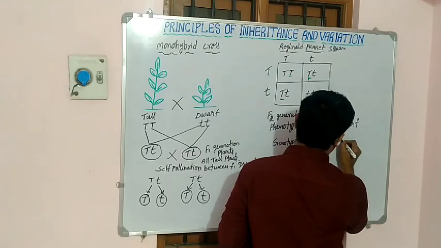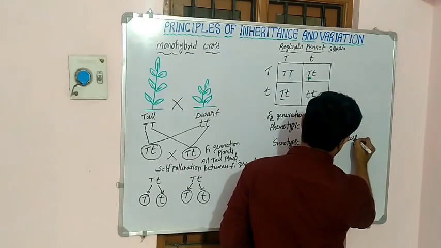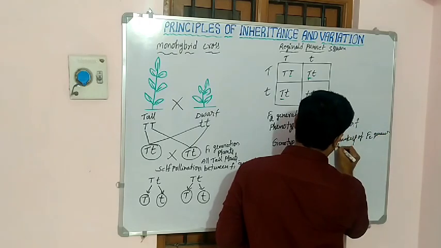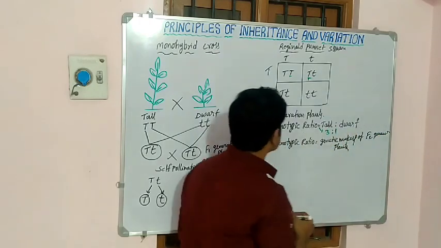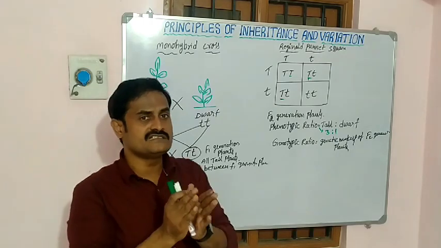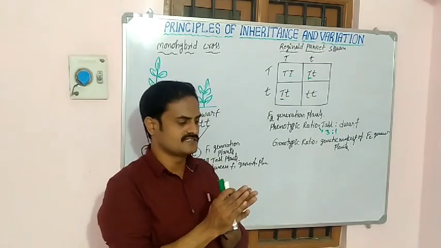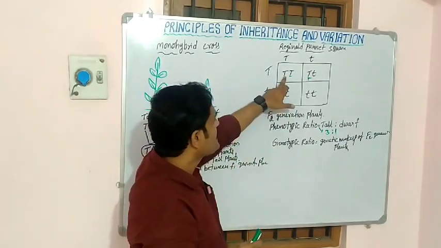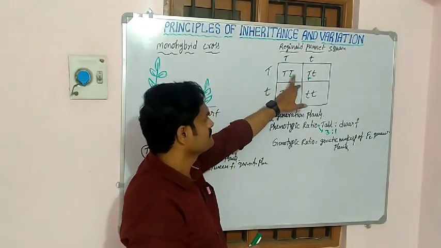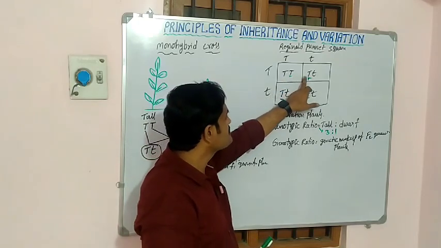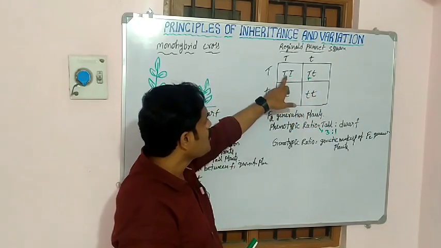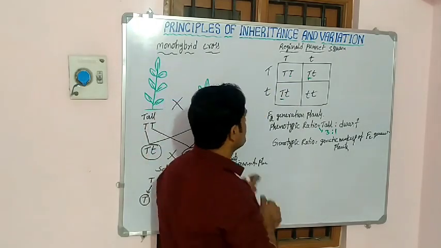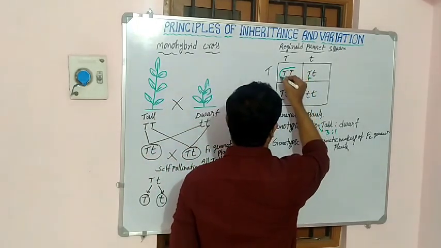Remember. So what kind of genes are present in one plant? That means how many plants consist of the same genes? Capital T, capital T. Is this kind of genes present anywhere else? No, only a single plant. So here this is one type of gene.